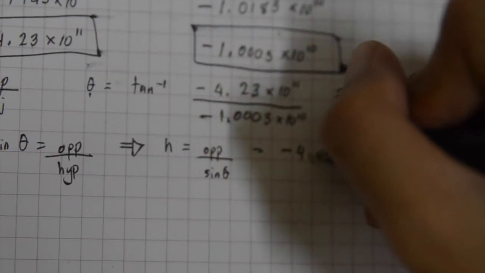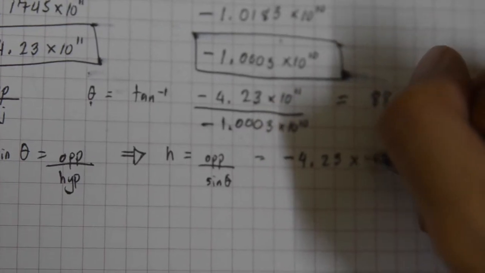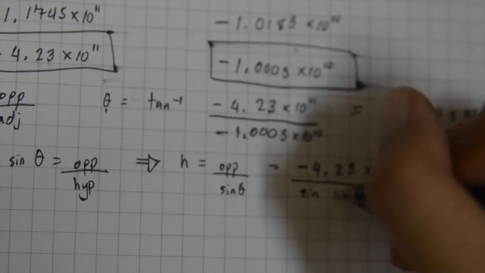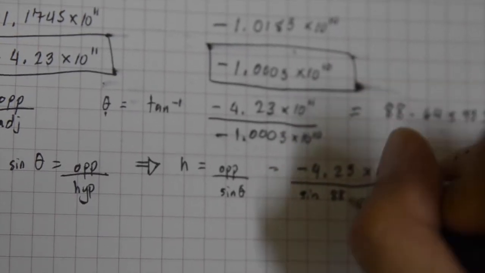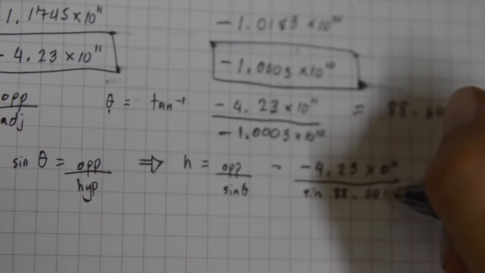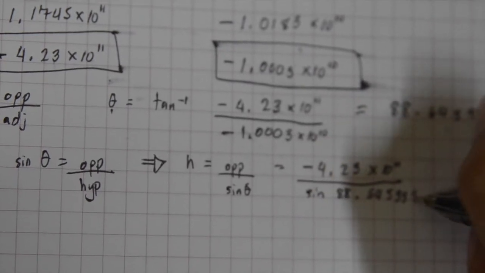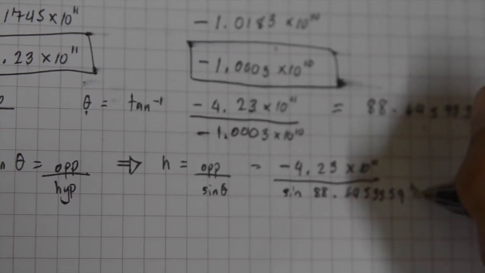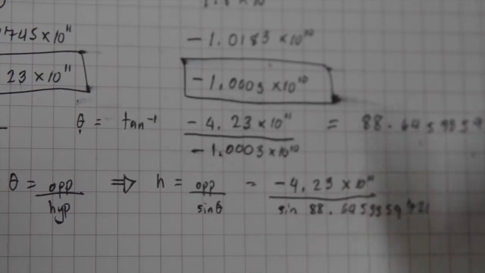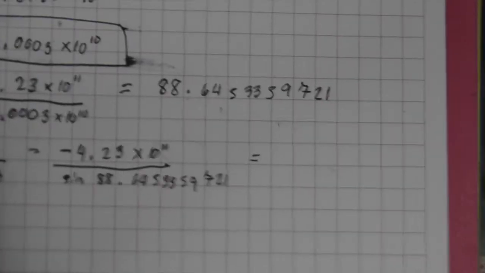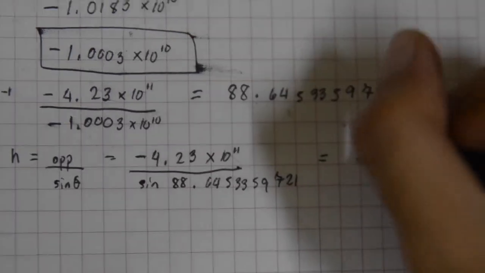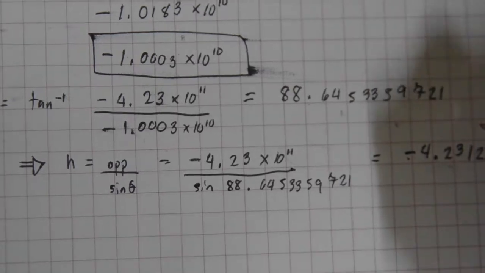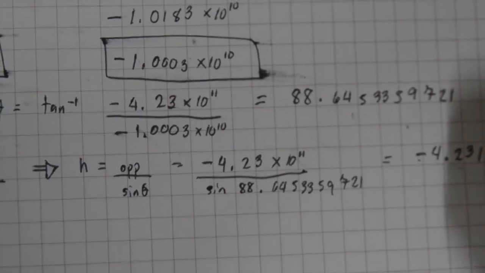So that's negative 4.23 times 10 to the 11th over sine of 88.645335959721. This will give us the answer of negative 4.2312 times 10 to the 11th.